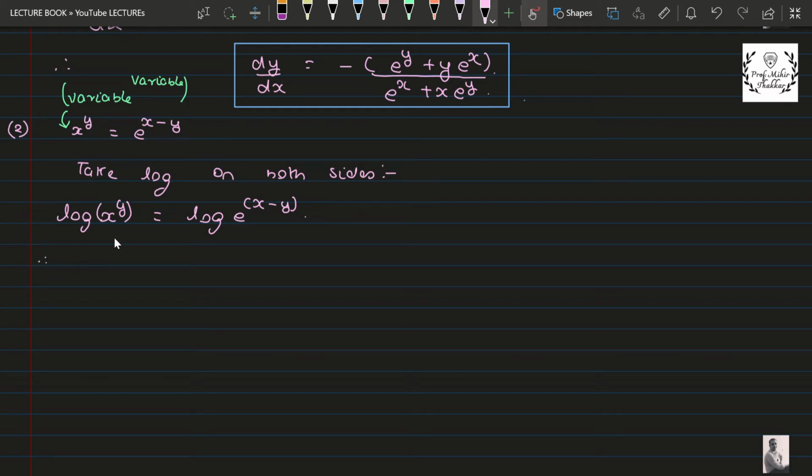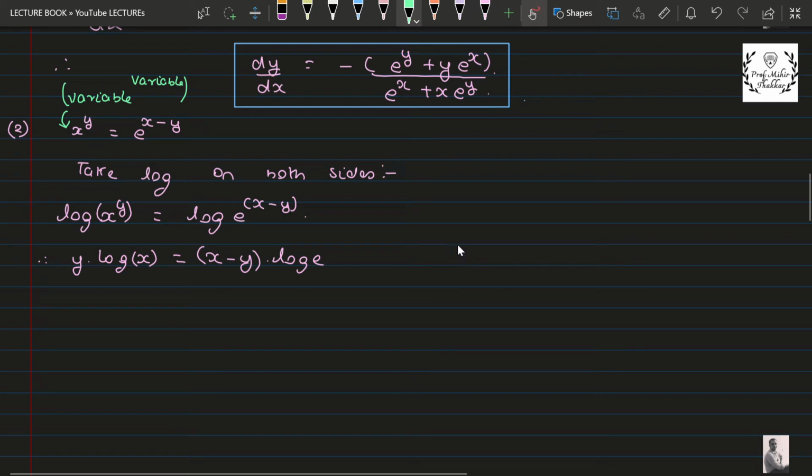Now with the help of property of log, I can take this y behind the log. It is y log x. And here it is x minus y into log e. What is the property? The property of log is log of m raised to n is equal to n into log of m.